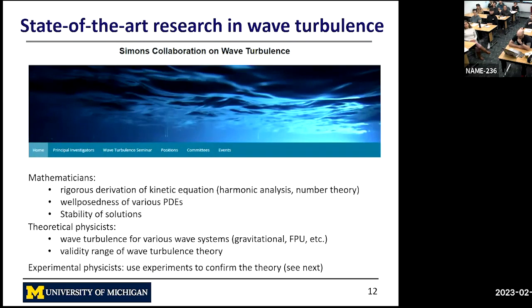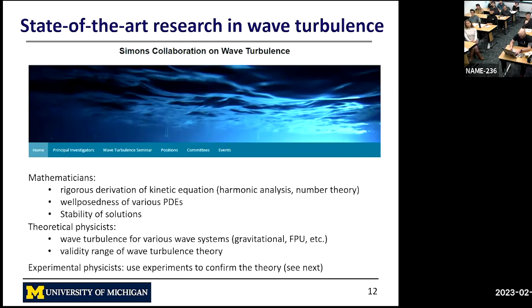Now we have a Simons Collaboration on wave turbulence, which gathers lots of scientists in this field to study this together. I officially joined this group this year as one PI, funded by the Simons Foundation for the next 3 years to work on wave turbulence.